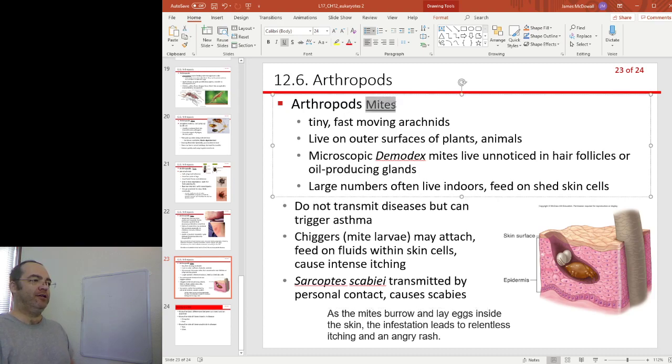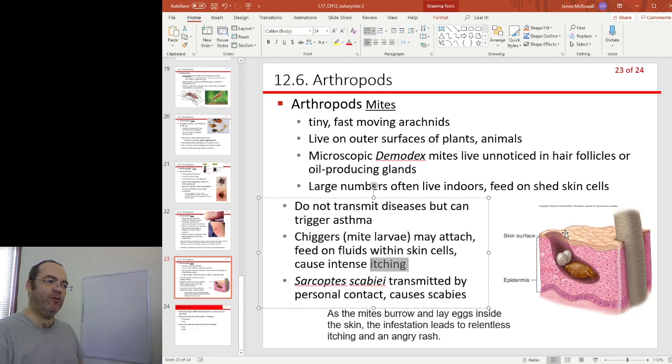These mites don't generally cause disease themselves. They can trigger asthma. They can cause itching from where they burrow into the skin. This kind of mite is kind of a symbiont.